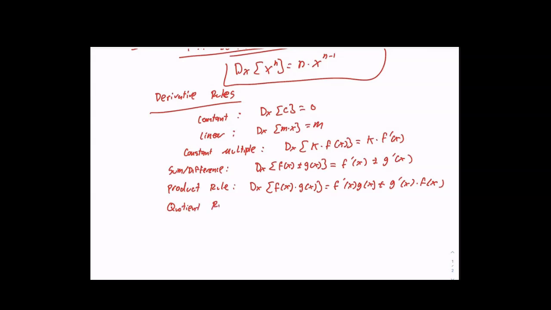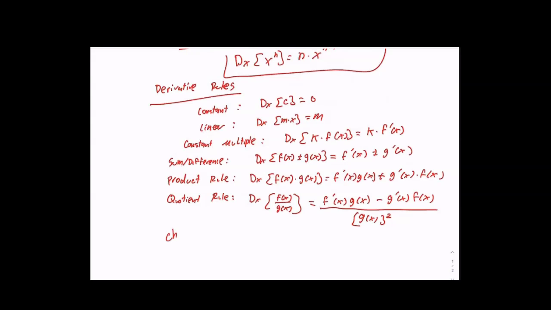We have the quotient rule. The derivative of a function divided by another function, I'll review here, is equal to the derivative of the top function times the bottom function, minus the derivative of the bottom function times the first function, all over the bottom function squared.